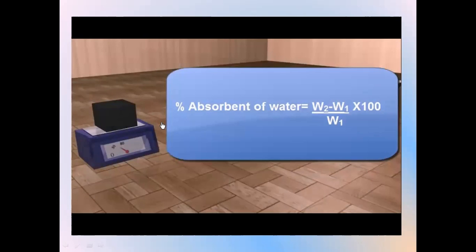That means W1 is the dry weight of the stone before immersing in the water, and W2 is the wet weight of the sample taken out after 24 hours of immersion in the water. Now the water absorption is the difference of the wet weight, that is W2, and W1.